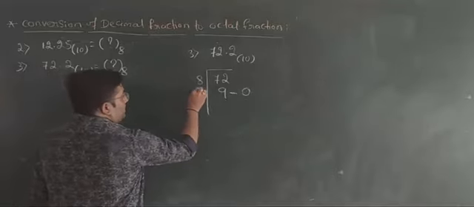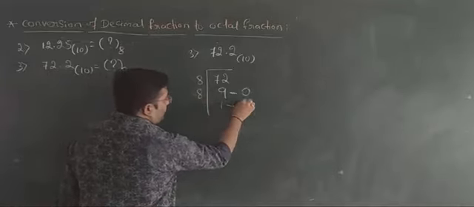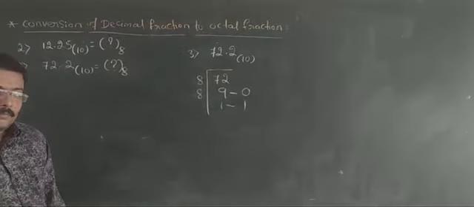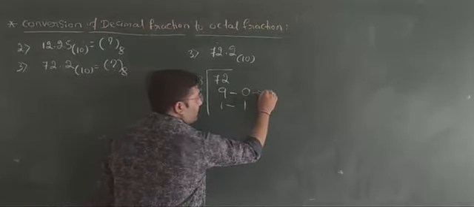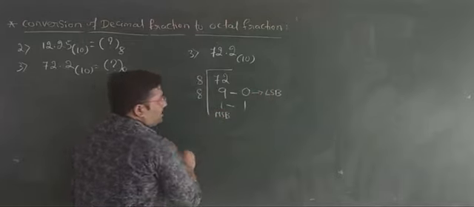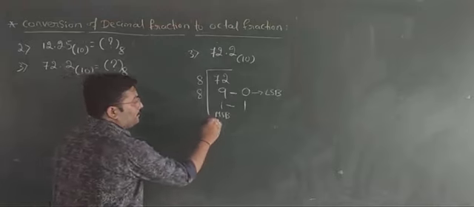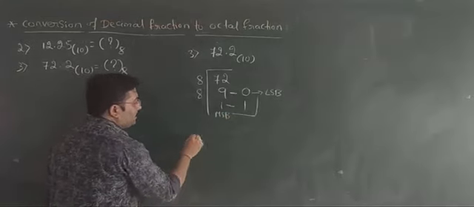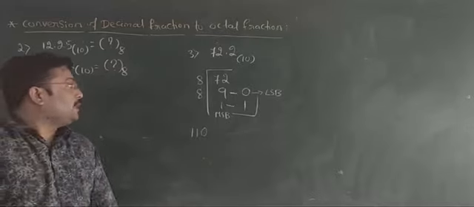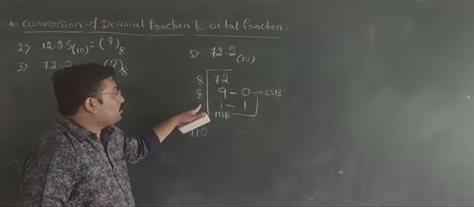Next, 8 ones are 8, remainder is 1. Here the first remainder is the LSB and the last remainder is the MSB, so I will write from MSB to LSB.